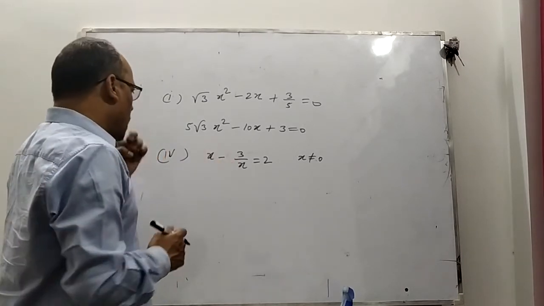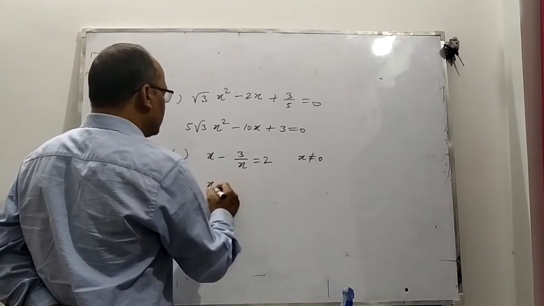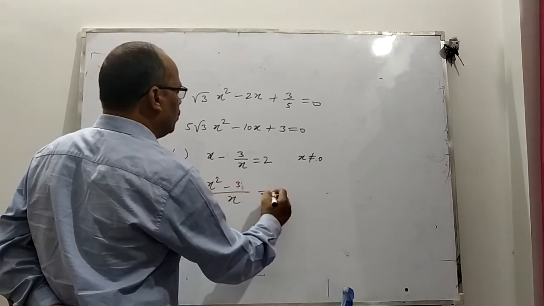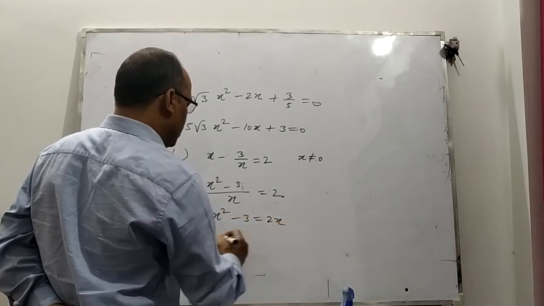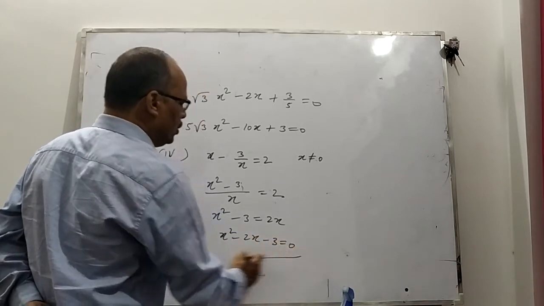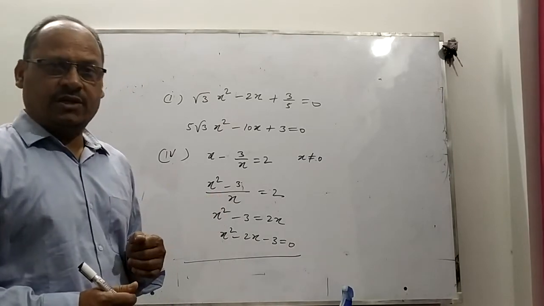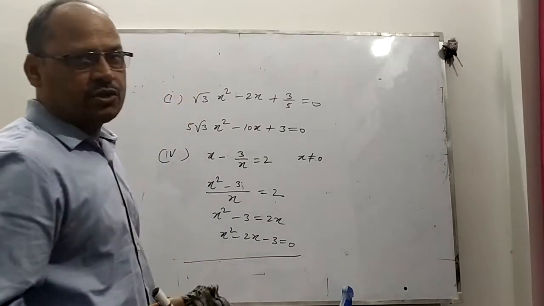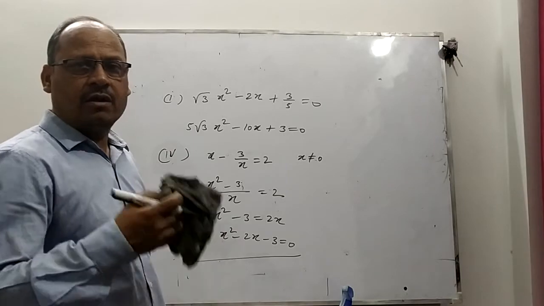So you will simplify this. x square minus 3 upon x equal to 2. The x square minus 3 equal to 2x, or x square minus 2x minus 3 equal to 0. Now it is the quadratic equation. Is it clear? So first you write in the form of ax square plus bx plus c, then you can identify whether it is quadratic or not quadratic.